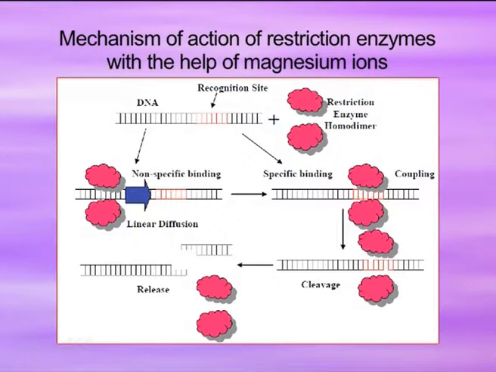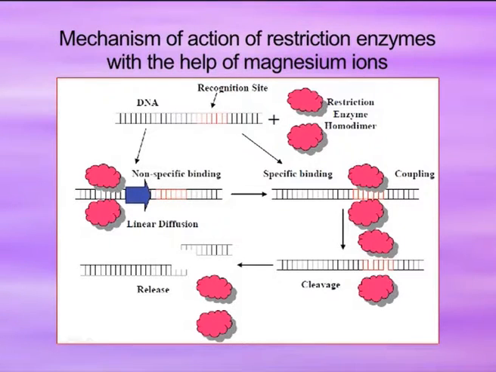After this, the enzyme slides over the DNA molecule in search of its target sequence with the help of linear diffusion or facilitated diffusion. After it encounters a specific target sequence, the enzyme adheres to the DNA with the help of hydrogen bonds.